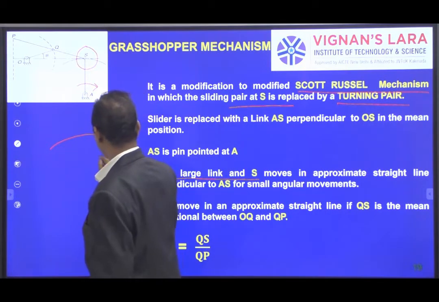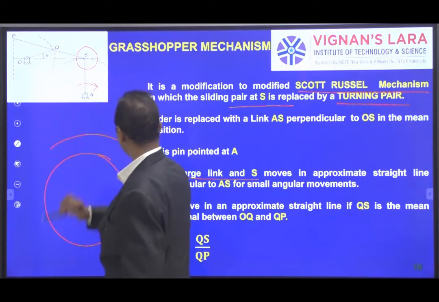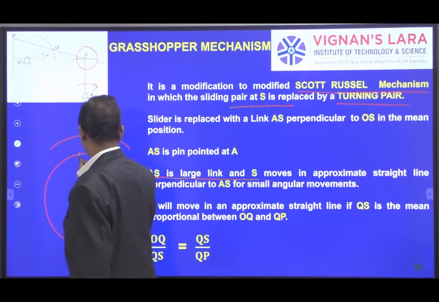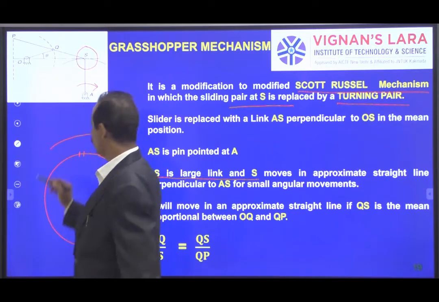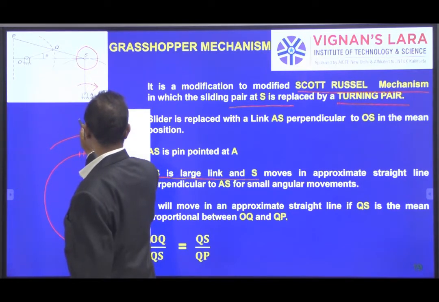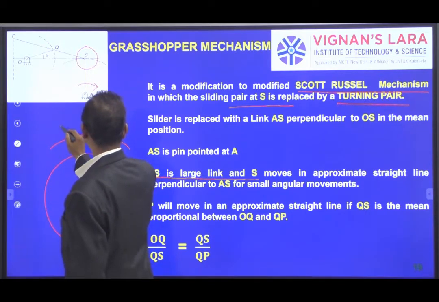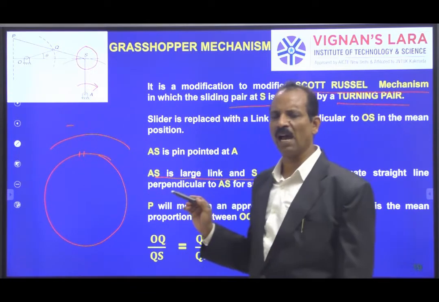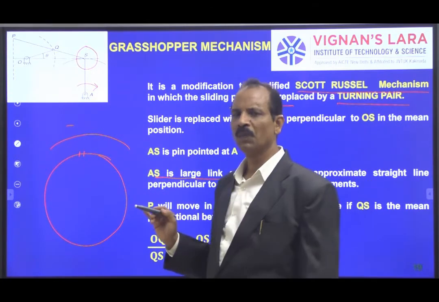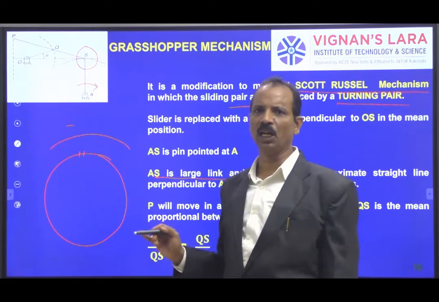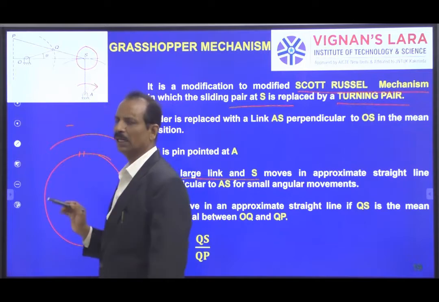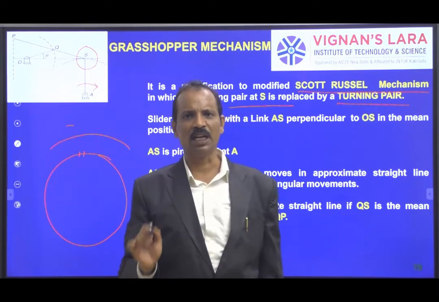If it is a big circle like this, and I take a small element like this, even though it will have some curvature, the radius of curvature is very large, so I can treat it as flat. Similarly, here link AS is very large.